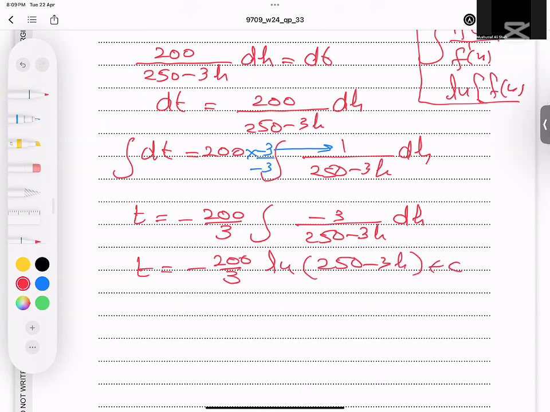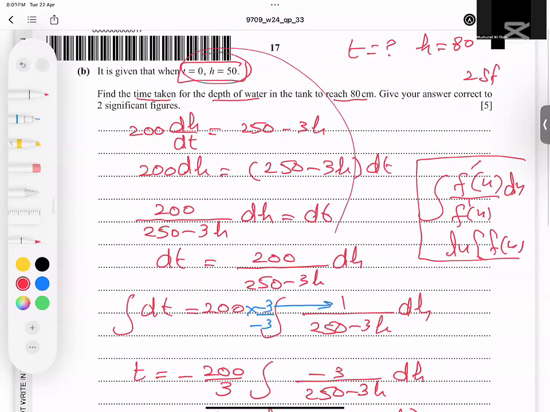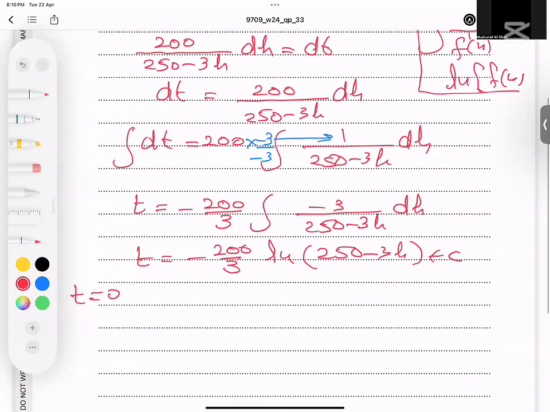I hope up till here the point is very clear. And now we can implement the further point and apply some conditions. Which condition can we apply? If you look carefully, this condition: t is 0 when h is 50.